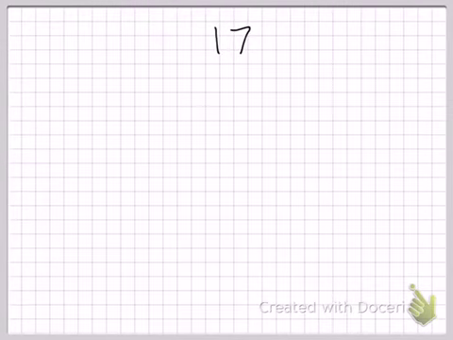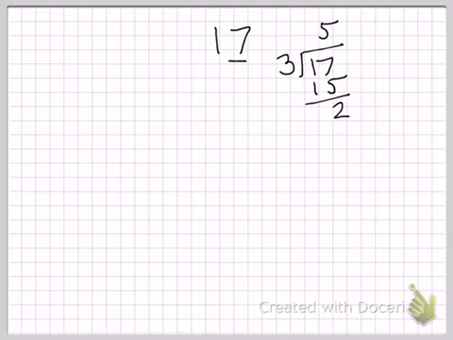Now, the number 17, I like this one. It's really interesting because if I ask you for a prime factorization of a number like 17, 17 is odd. So if we check our division and we do 17 divided by 3, 3 only goes in 5 times, and there is a remainder.